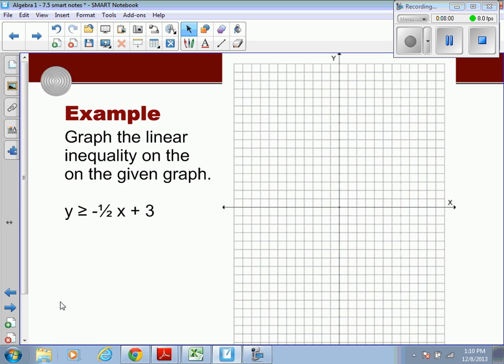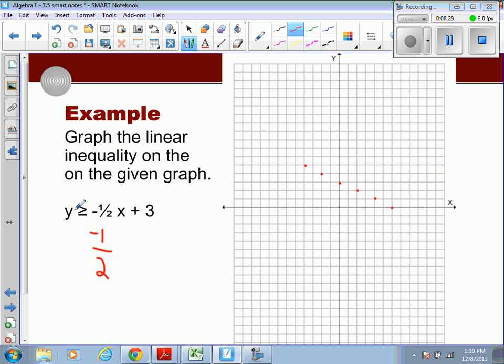We have y is greater than or equal to -1/2 x plus 3. So again, I'm going to graph my y-intercept first of +3 on the y-axis. And now because I have -1 over 2 for my slope, I'm going to go down 1, right 2, down 1, right 2, down 1, right 2. I'll also go up and left, up 1, left 2.